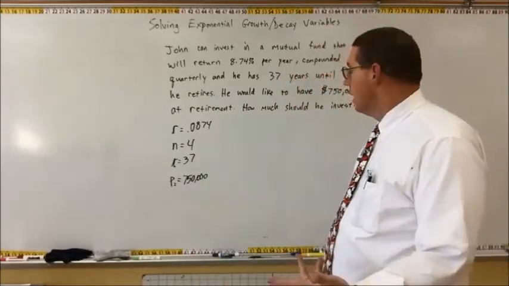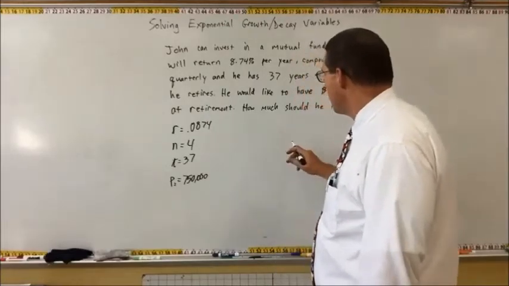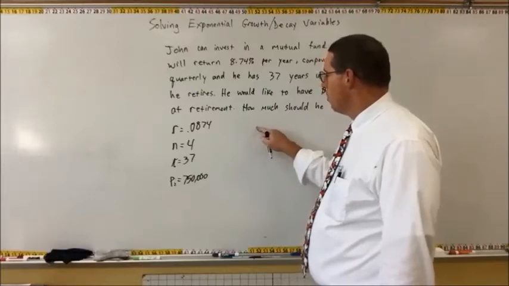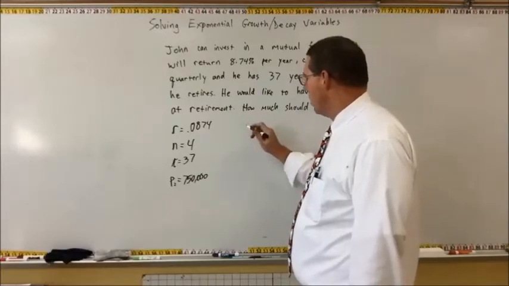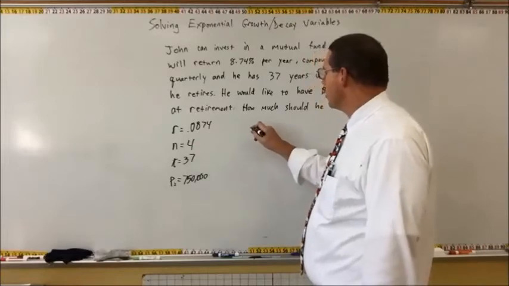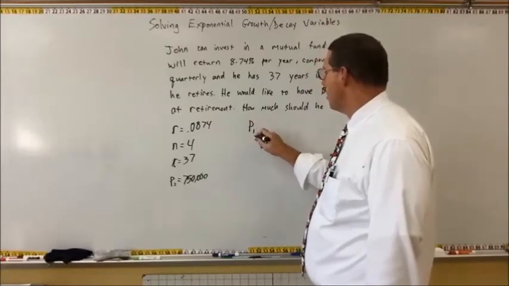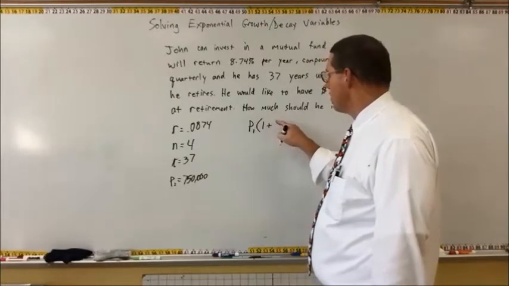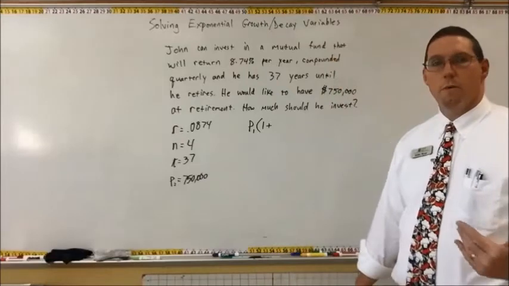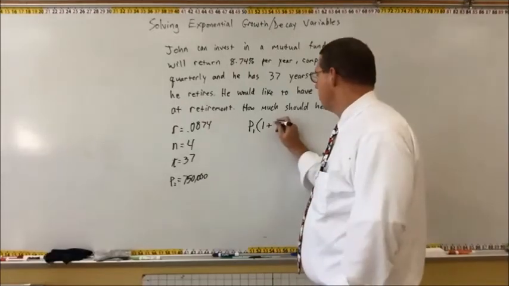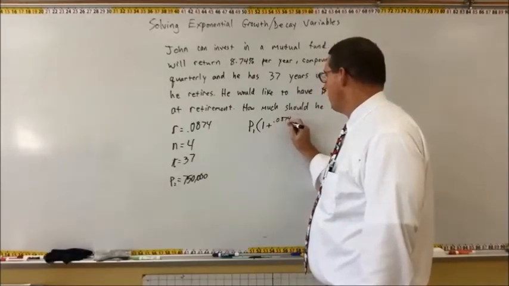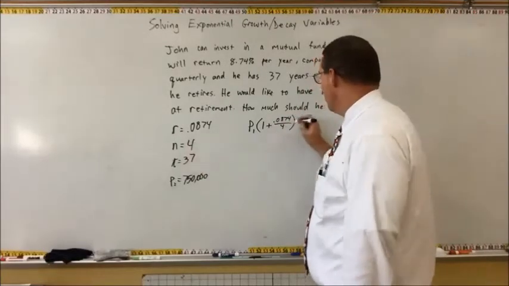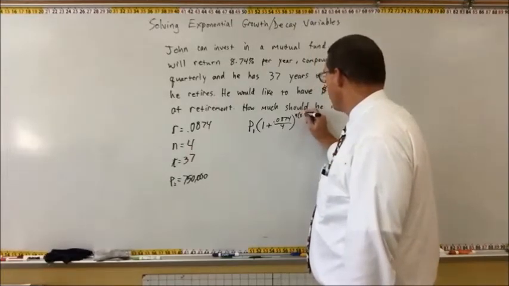So what this means is instead of doing our normal formula where we do P times 1 plus the rate over N, we actually don't know how much to invest. So we're going to do P1 times 1 plus, remember our formula is P times 1 plus R over N, R is 0.0874 over N, which is 4, to the power of N times T. To the power is 4 times 37.